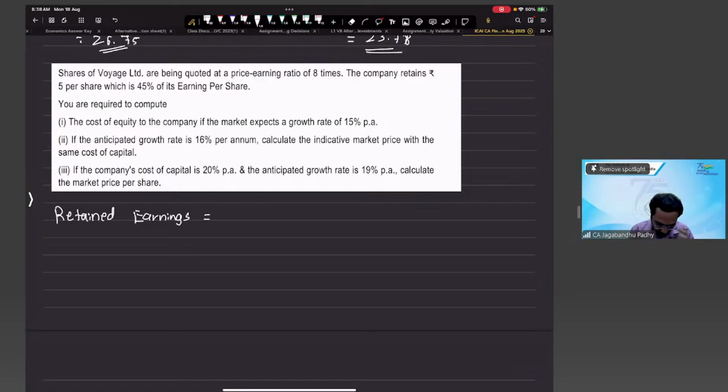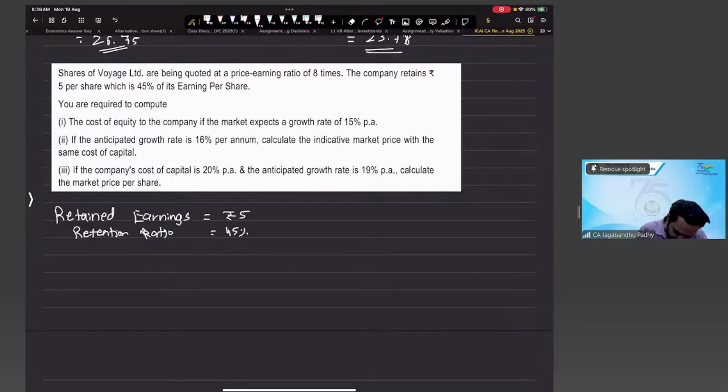So how much is the value of the retained earnings? 5 rupees per share. And retention ratio is 45%.